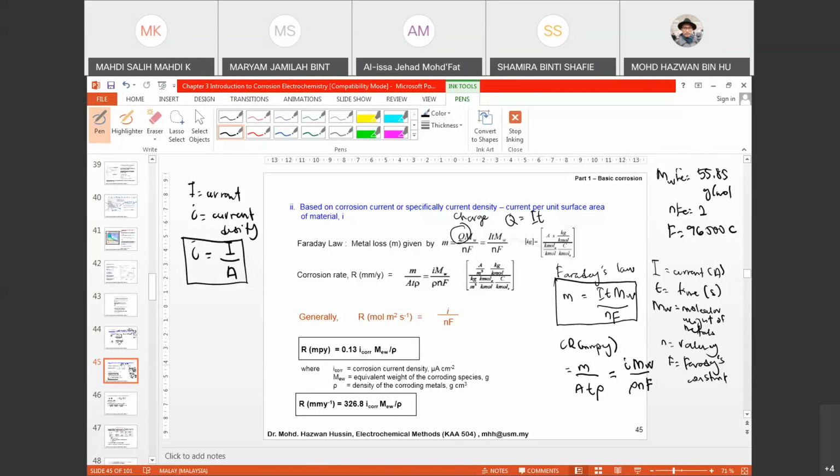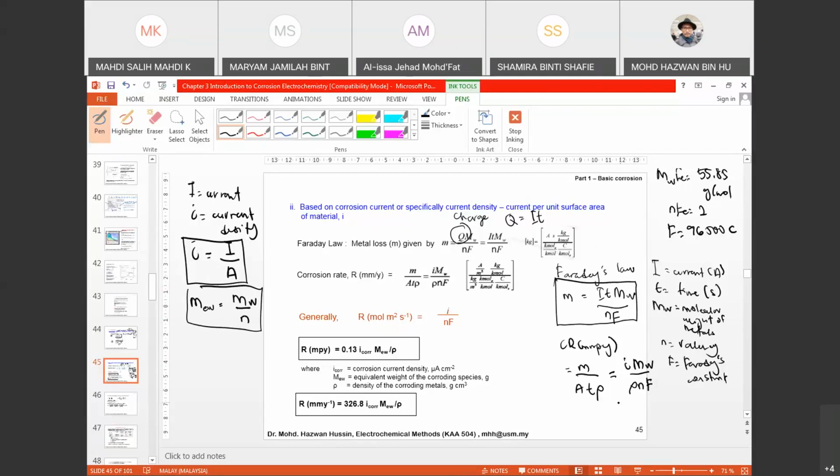In fact, you can also have molecular weight over n, which is also known as equivalent weight. Equivalent weight is molecular weight over valency.